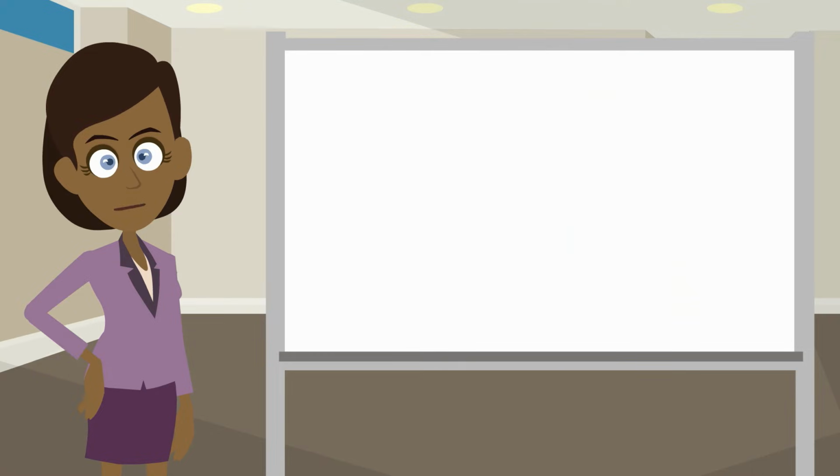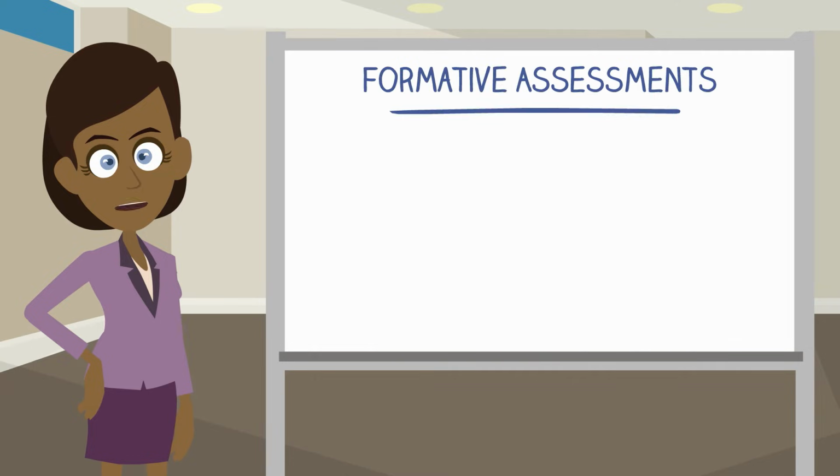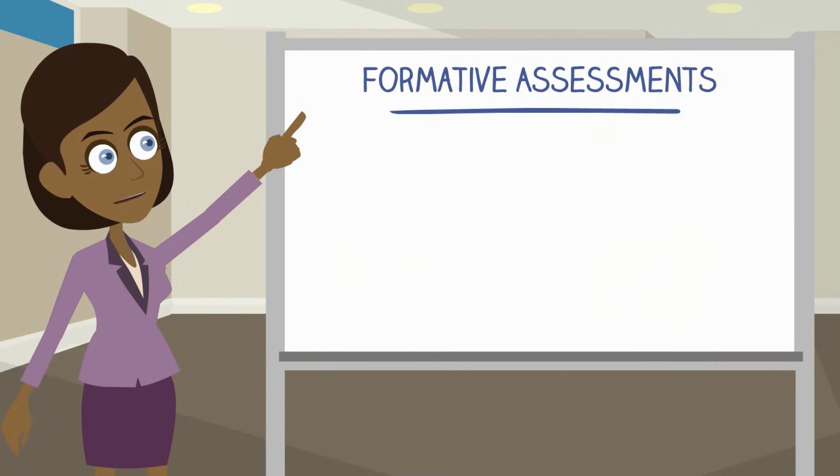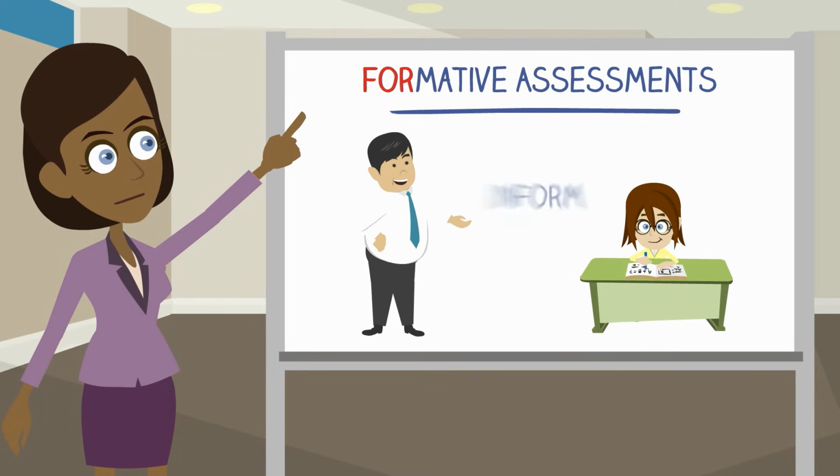Although summative assessments are usually considered high-stakes tests and often gain the most publicity, the formative assessment process is more important from a day-to-day perspective and significantly impacts student achievement when used correctly. The formative assessment process acts as an assessment for learning. Educators use the results to inform instruction.